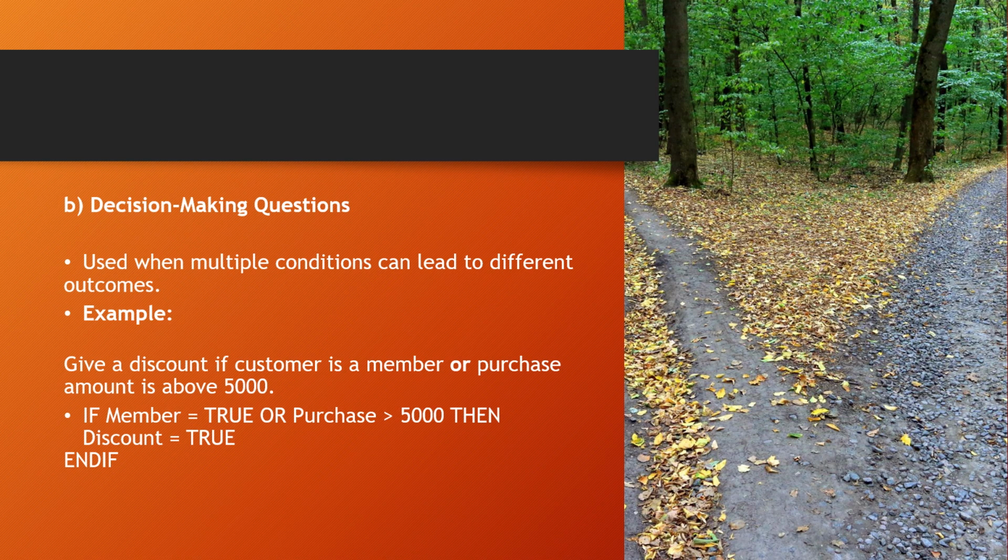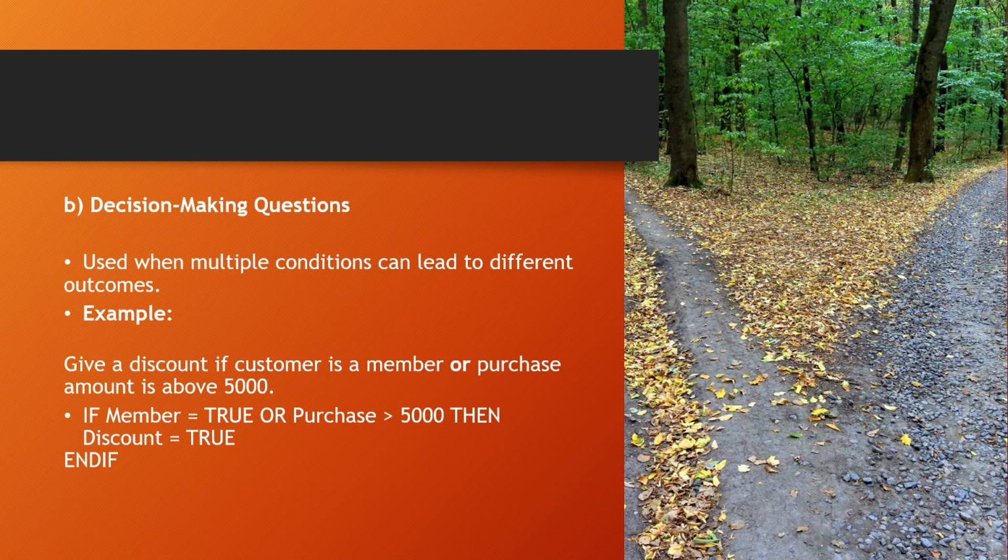Let's consider another example in which decision-making is involved, used when multiple conditions can lead to different outcomes. For example, give a discount if customer is a member or purchase amount is above 5,000. Means if the customer is a member, then he will be given a discount.